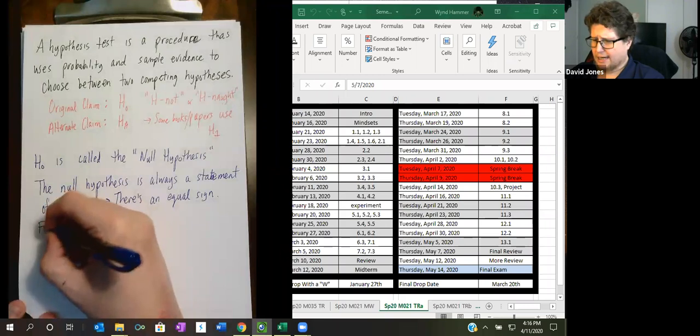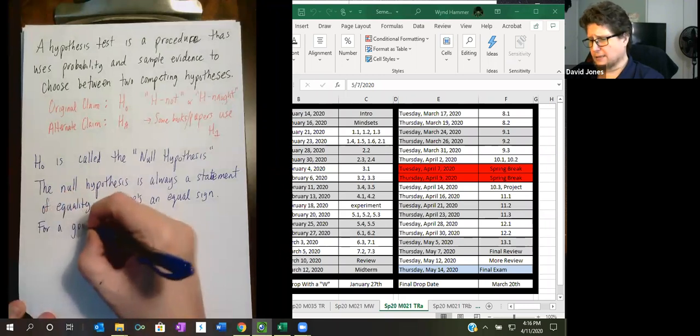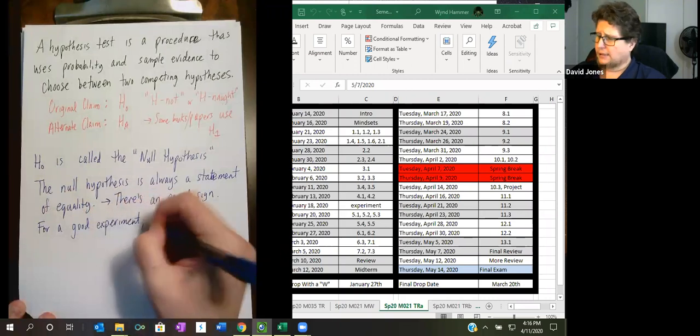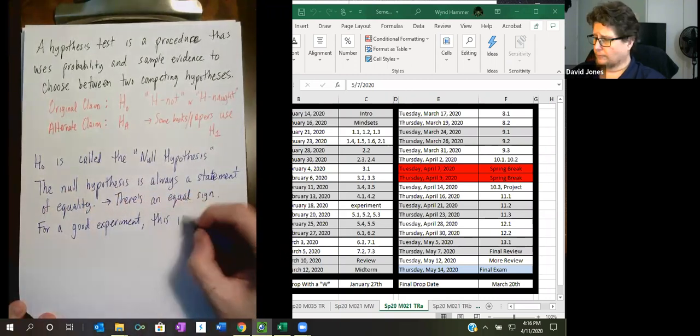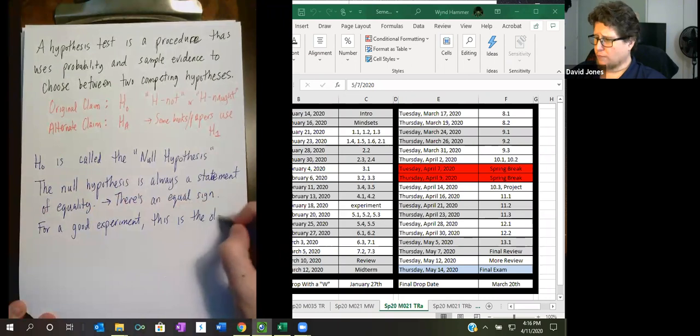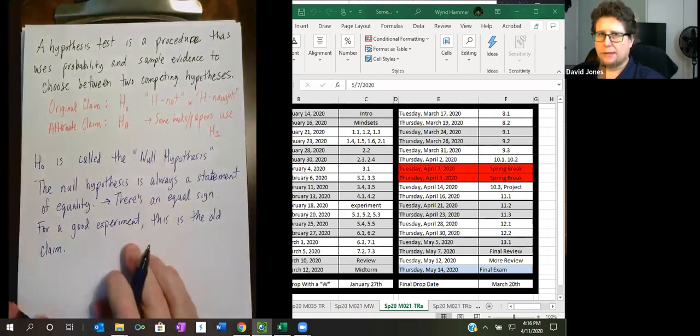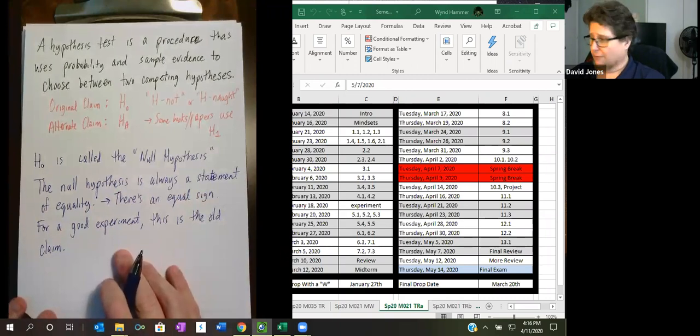For a good test or a good experiment, one where the researcher set it up correctly, this is the old claim. And it should be. You don't want the old claim to be that it's greater than a specific amount. That's really vague. You want the old claim to be a specific amount.